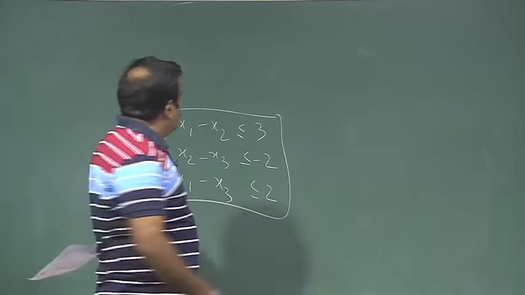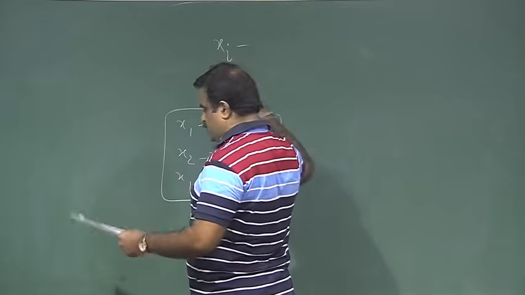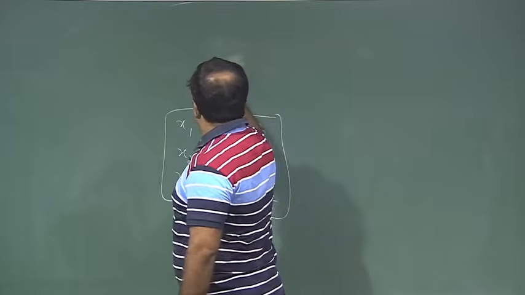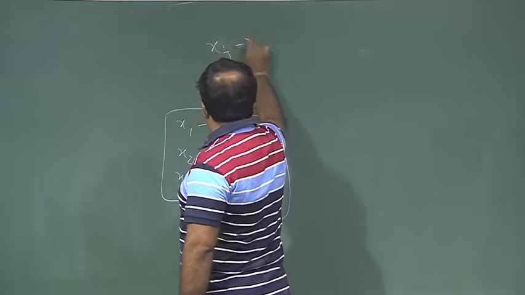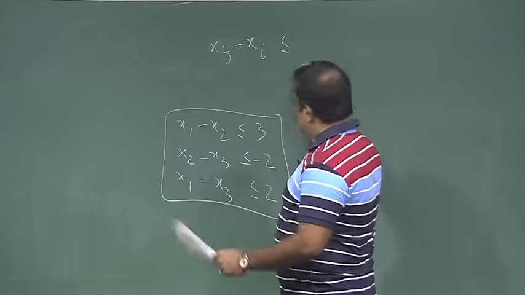Okay. To construct a graph, suppose we have an equation like this: xj minus xi is less than or equal to wij.